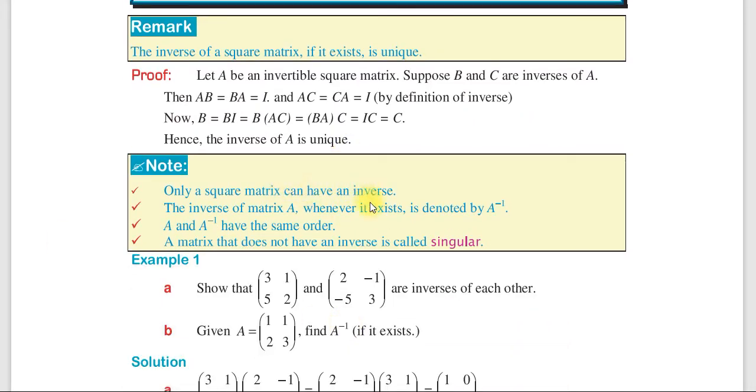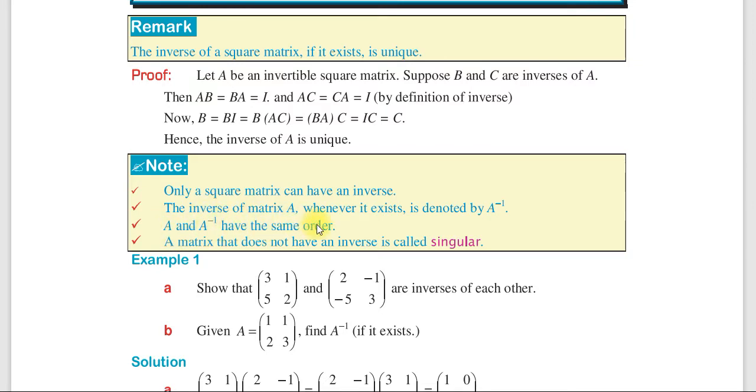Only a square matrix can have an inverse. The inverse of matrix A, whenever it exists, is denoted by A inverse, and A and A inverse have the same order.